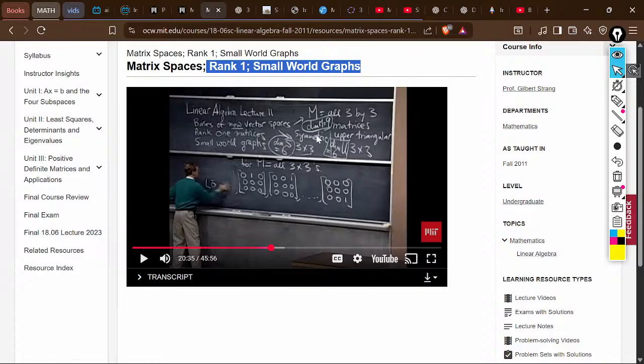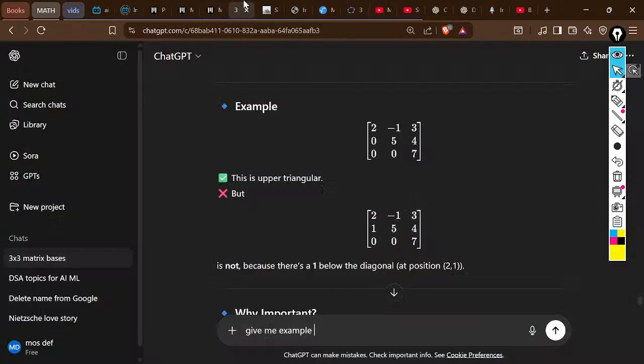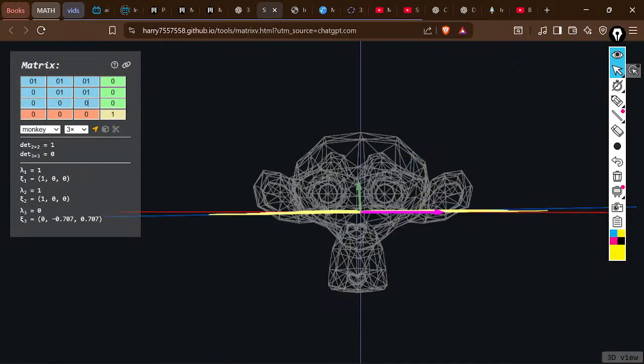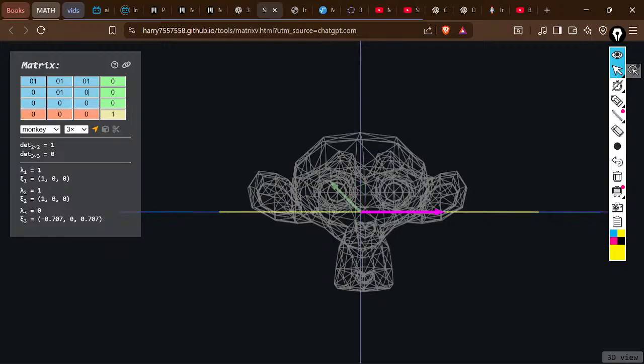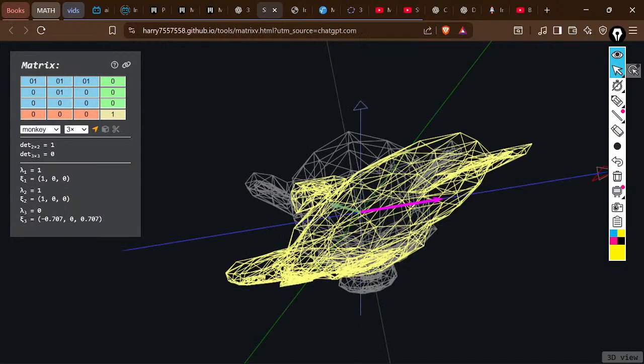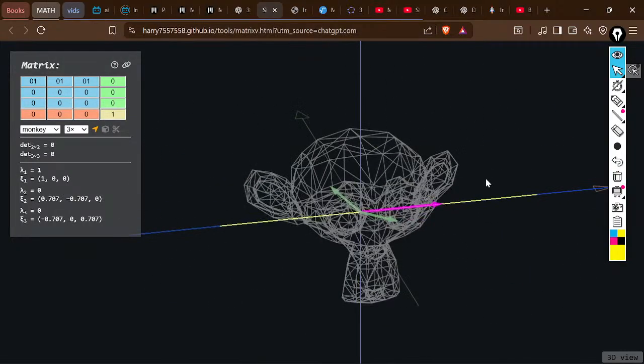Small world graphs, what is it? If the rank is 0, it just gets squished. So the rank is 1, completely 1. It's just like a line.